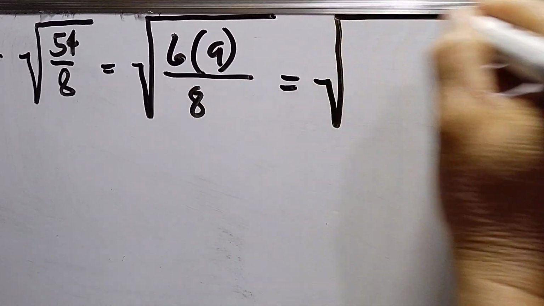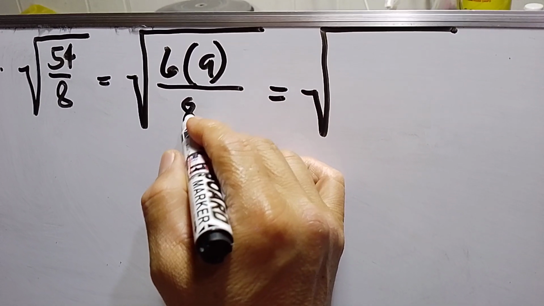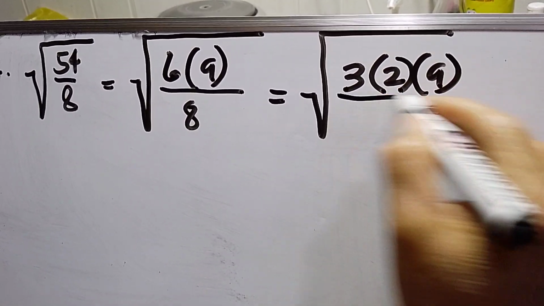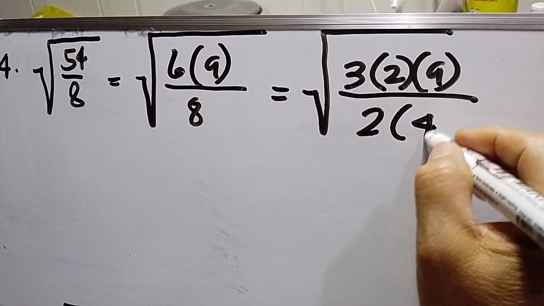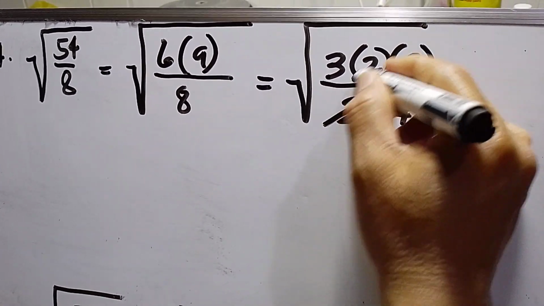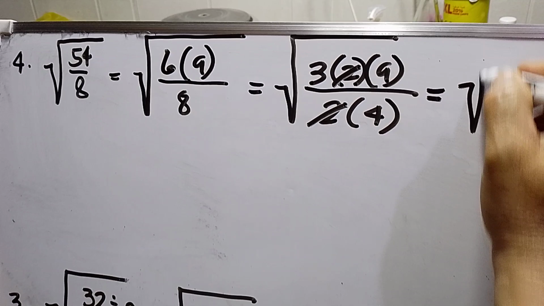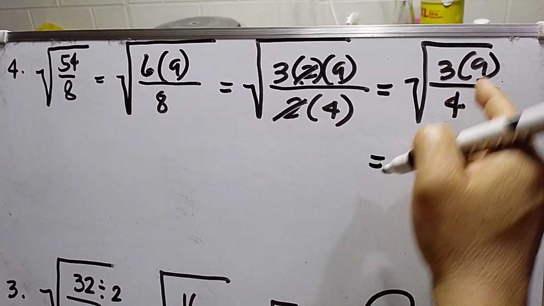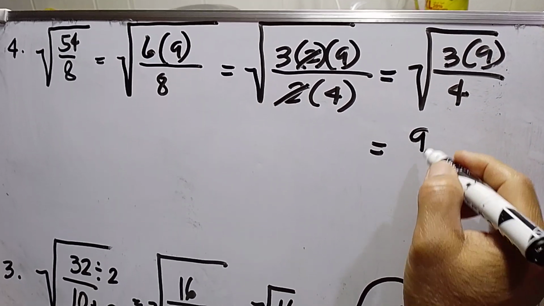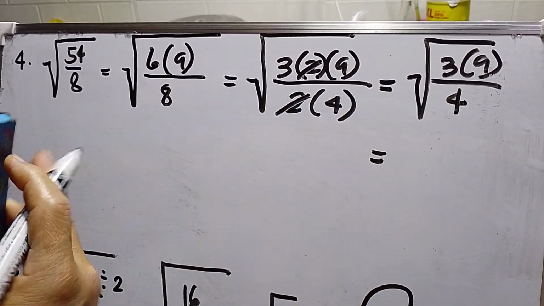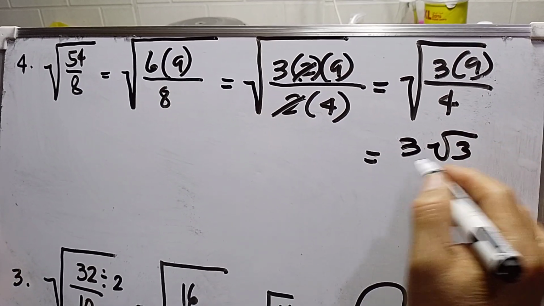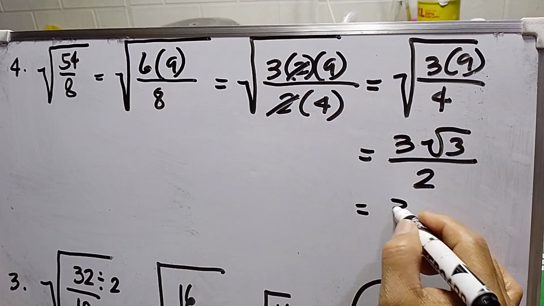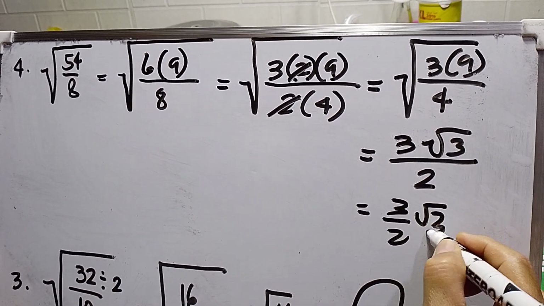This will be 2 times 4. Then the 2 is crossed out. So I have here square root of 3 times 9 over 4. Square root of 9 is 3, and this will be square root of 3. Square root of 4 is 2. So the answer is 3 over 2 square root of 3.